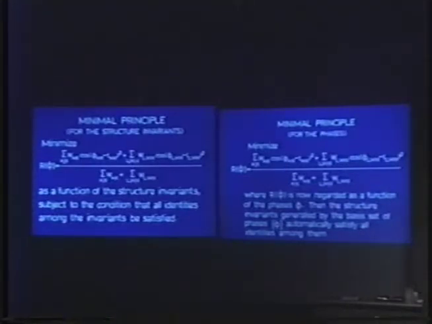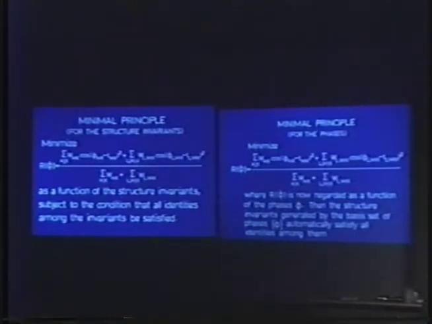Now, the requirement that identities hold among the structure invariants is a very stringent one, because if we have only 200 or 300 phases in the basis set of phases, we may have several 100,000 triplets and quartets combined. And with several 100,000 triplets and quartets, there are several 100,000 identities which must of necessity be satisfied. So that formulation of the minimal principle, I think, is a very plausible one.